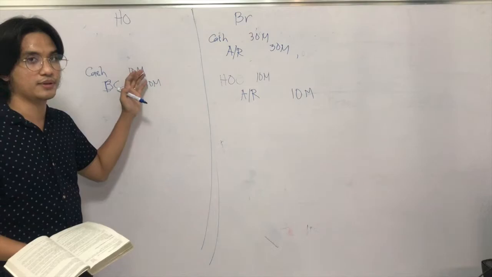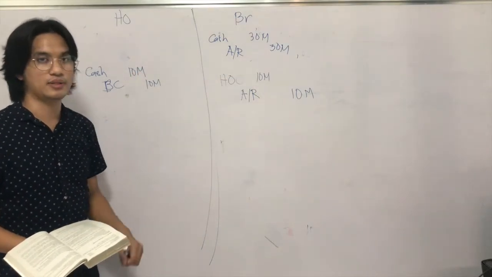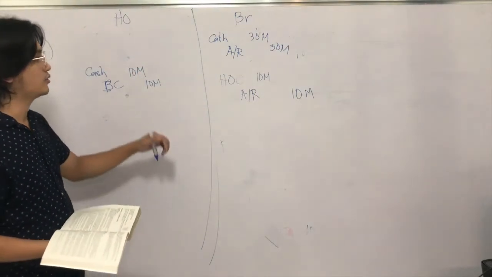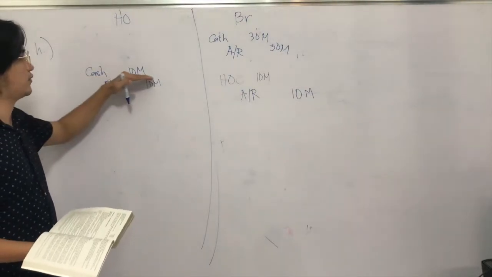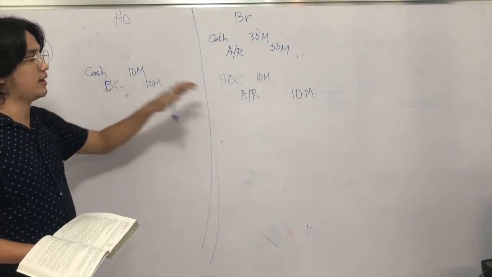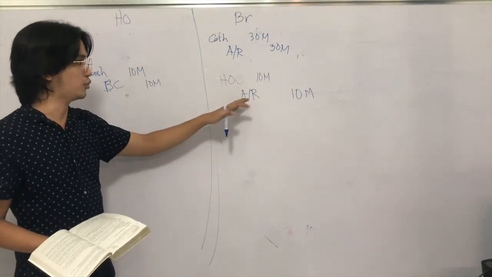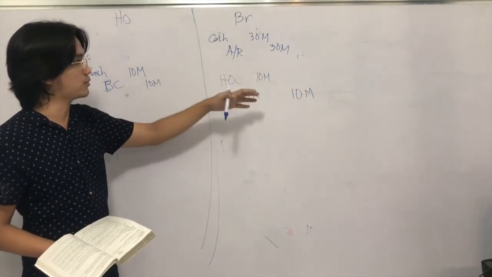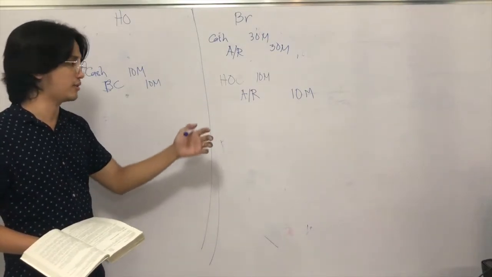So this is how you record collection by the home office of the accounts receivable from the branch. First, you debit cash for whoever has collected, and then you credit AR to the books to which that AR or that customer belongs.